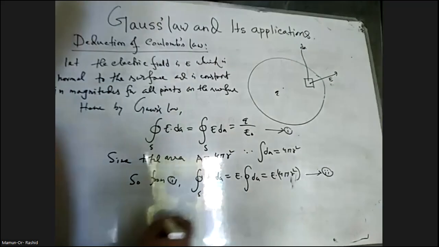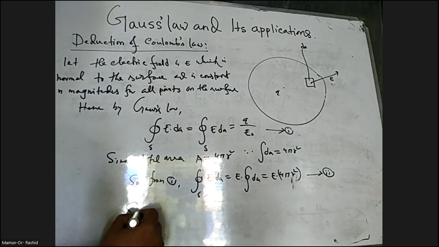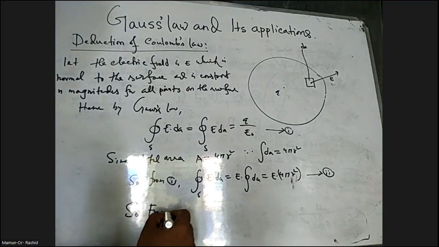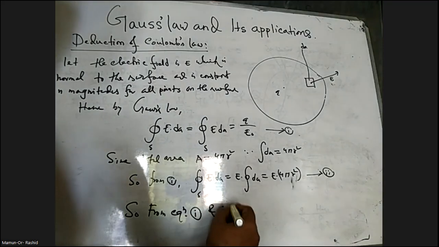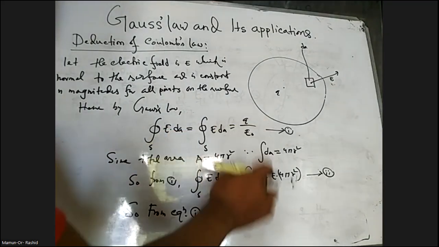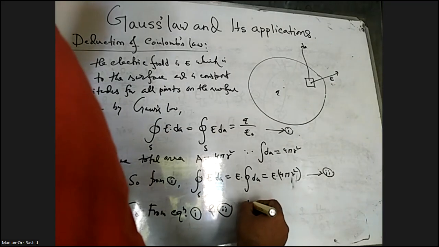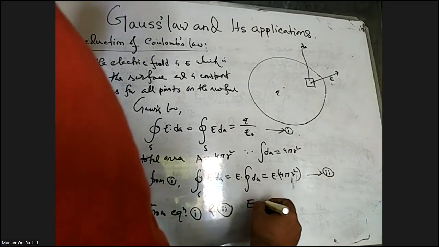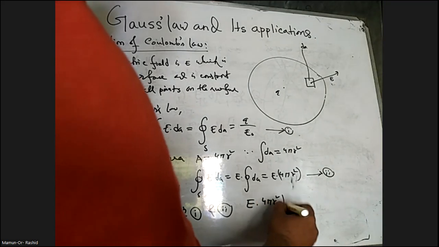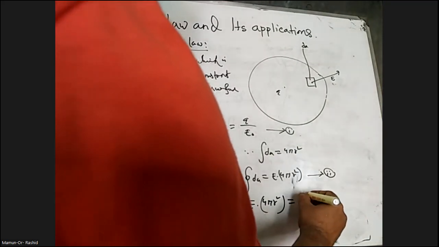This is equation number 2. So from equation 1 and 2, these values are the same. So we get E into 4 pi r square equals Q by epsilon naught.